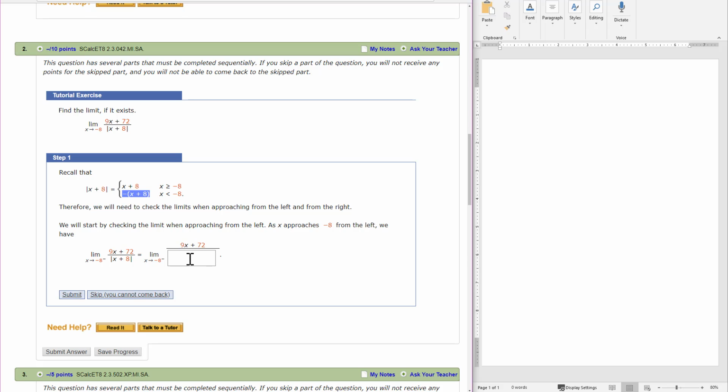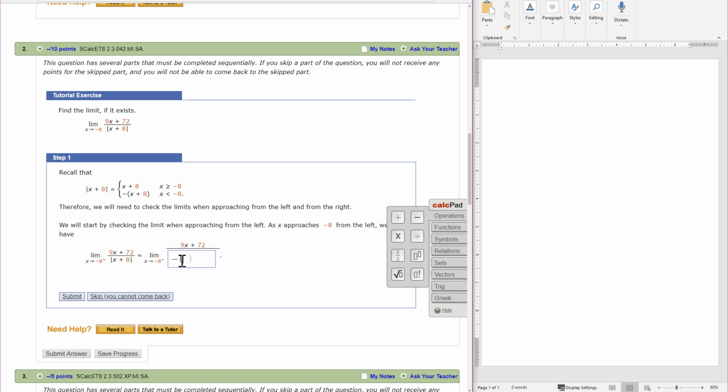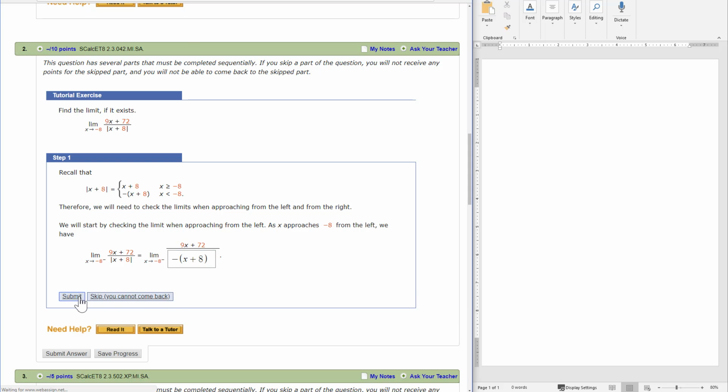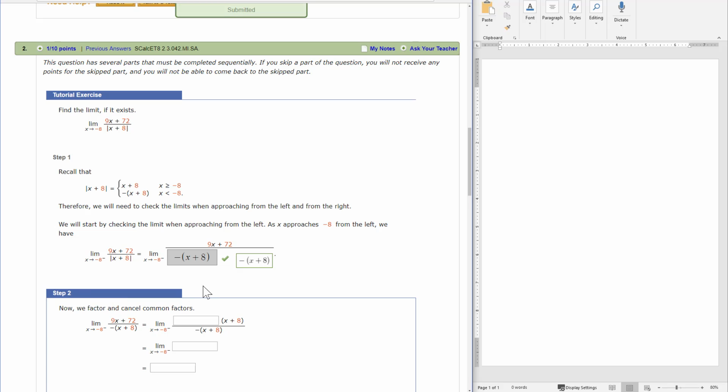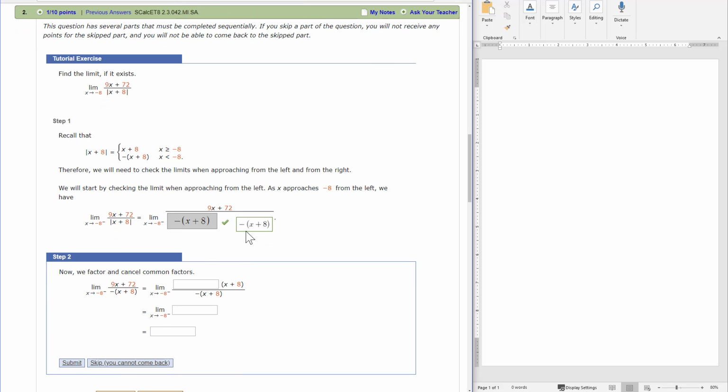So our limit will take a look at 9x plus 72 divided by the negative of x plus 8. So now that we have that, we're going to use this expression as x approaches negative 8 from the negative side.